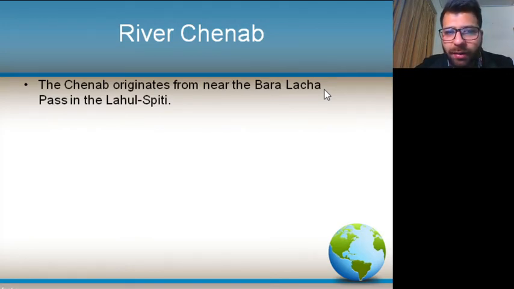In the same way, in Tibetan language, a mountain pass is called La, L-A. You might have seen Rotang La, Namik La, and places called Zozila and Changla. These La refer to mountain passes.